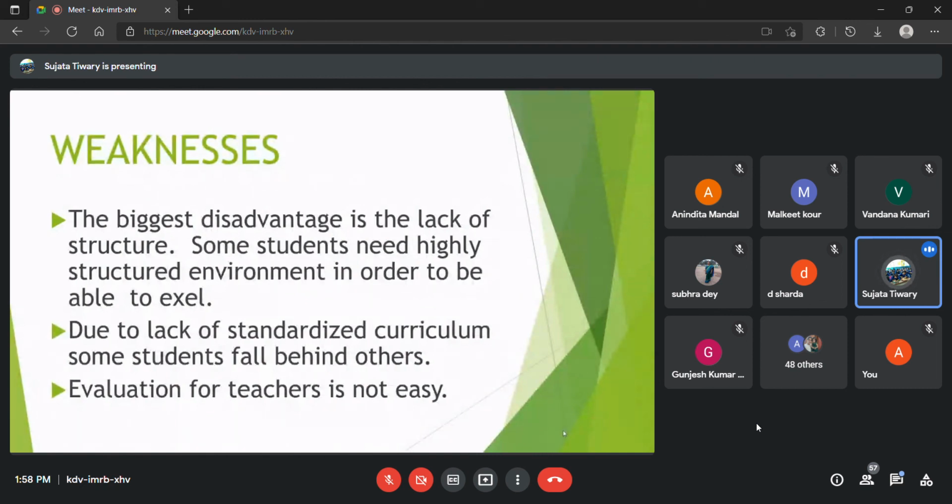No particular structure is there, no fixed curriculum is there. So some students need highly structured environment in order to be able to excel. Due to lack of a standardized curriculum, some students fall behind, slow learners. Evaluation for teacher is not easy because no grading is there.